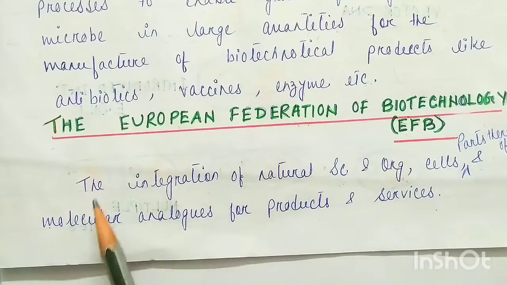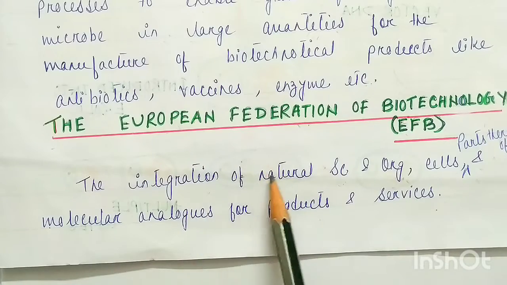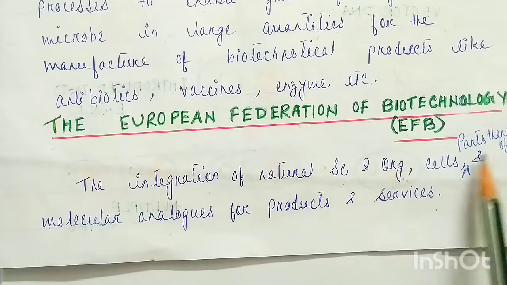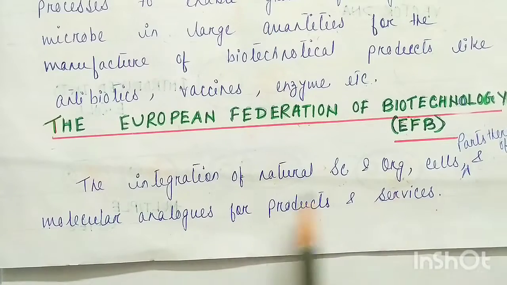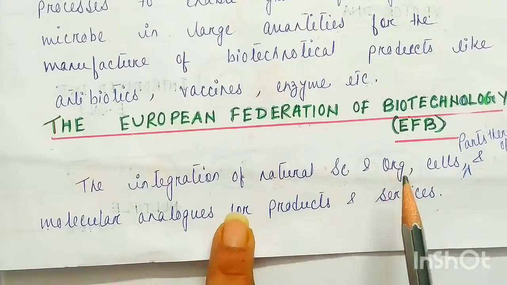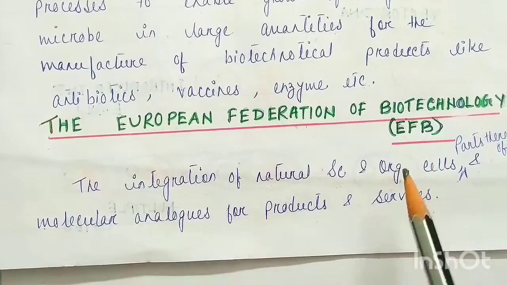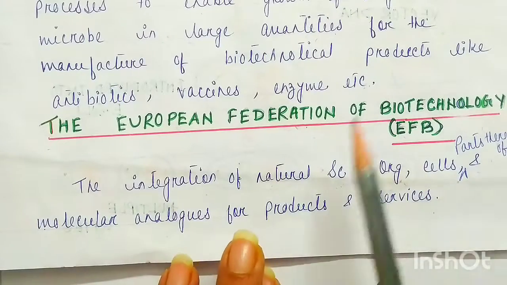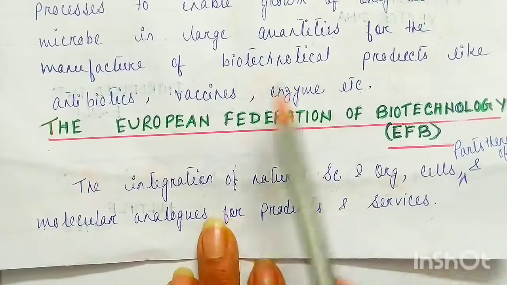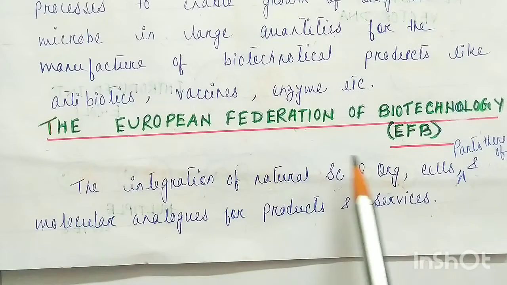It means in this technique, natural science and organisms are used, cells are used, parts thereof are used, and molecular analogues for obtaining a desired product and services. So in the first para of your NCERT book, these three definitions are given, and out of these three, this European Federation of Biotechnology definition is very important.